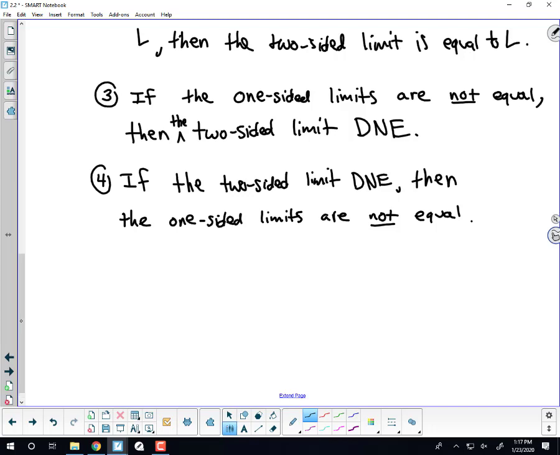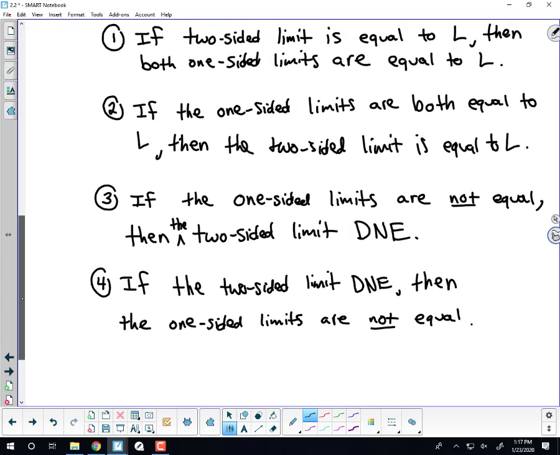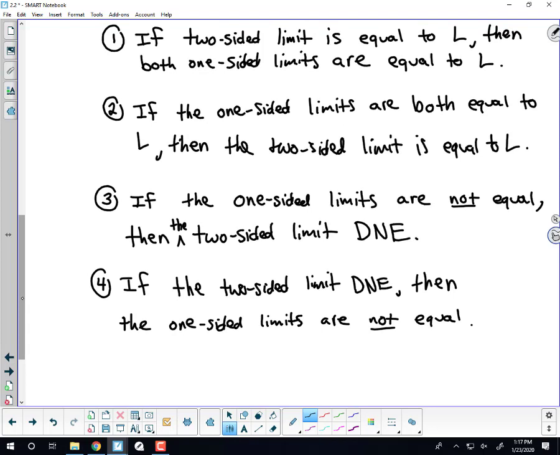So anytime you see a theorem that's if and only if, it's a whole lot stronger of a statement than just saying if this, then this happens. And so all of those things are true based on that theorem.